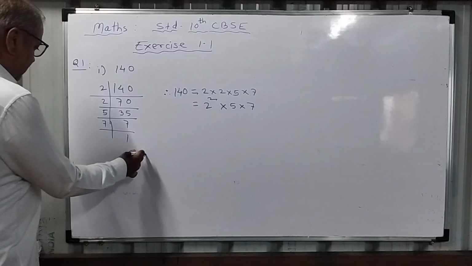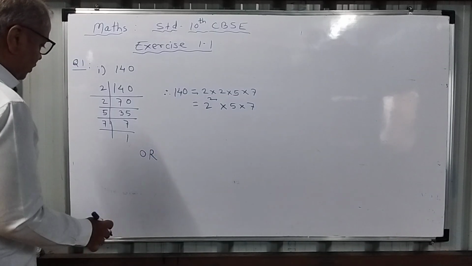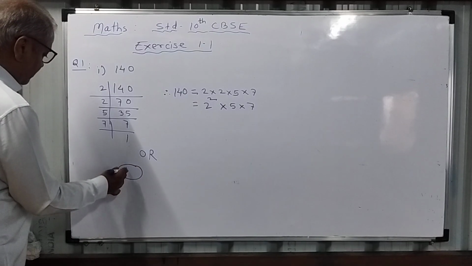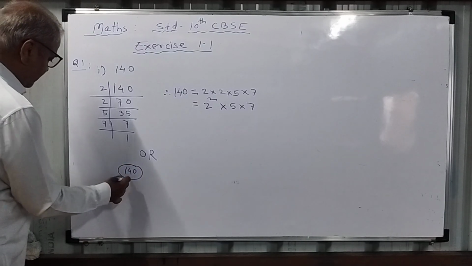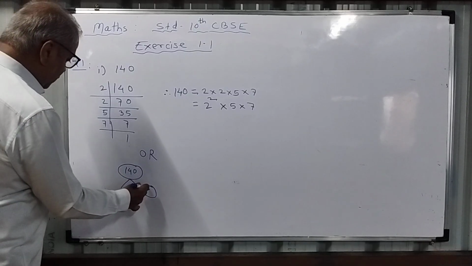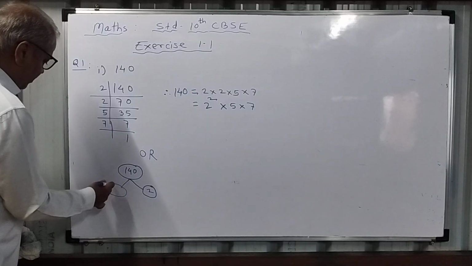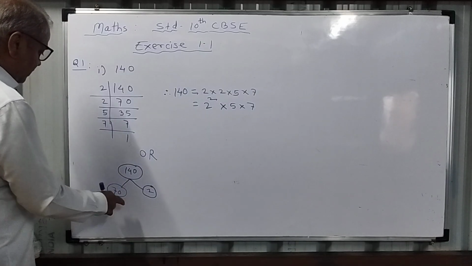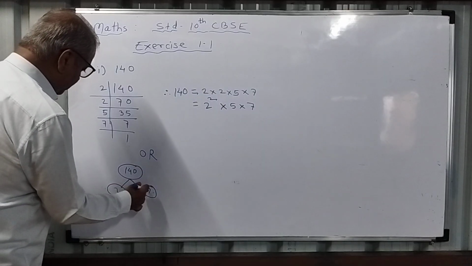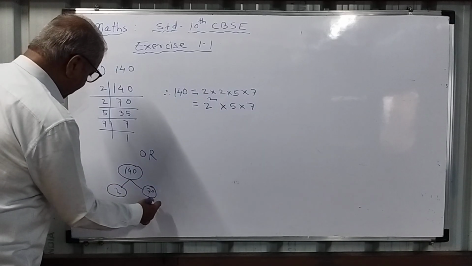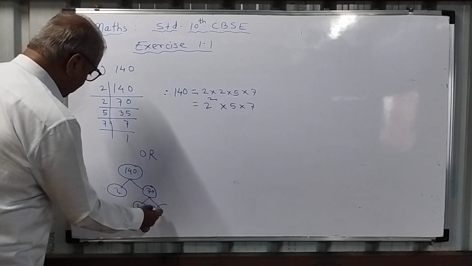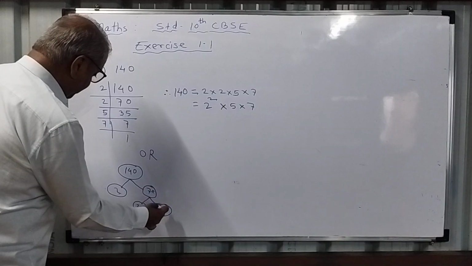Or this can be solved by the tree method. So this is 140. The first prime factor is 2. Here it will be 70. So you can write 2 into 70. Now this 70 can be split as 2 into 35.